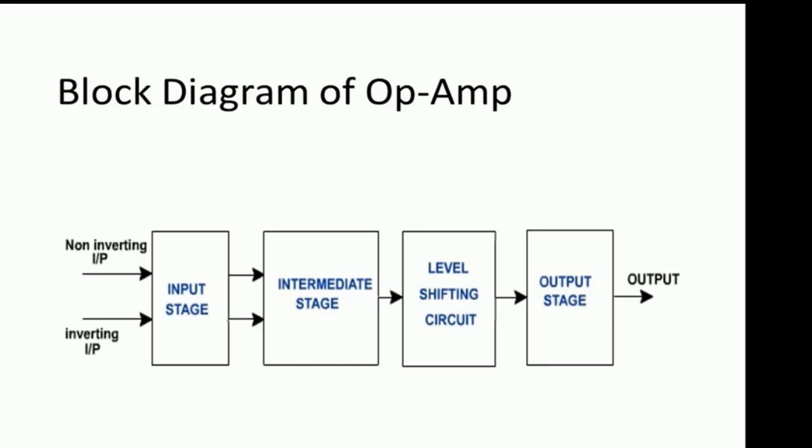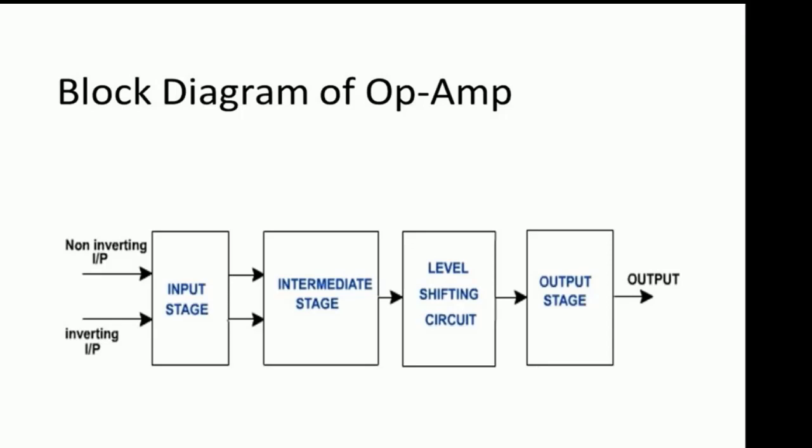The second block is the intermediate stage. It is usually another differential amplifier which is driven by the output of the first stage. In most operational amplifiers, it has 2 inputs and 1 output. The third block is known as the level shifting circuit.